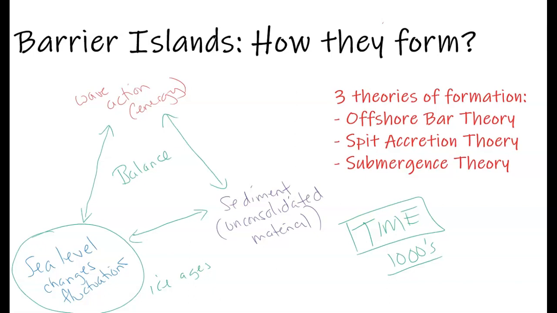But in humans' perception of time, obviously they're kind of slow, and they are dynamic. So they're always changing. Storms and different areas can affect sea level changes. You can have a large effect on these islands and the shape, the elevation, and the amount of material that is deposited or taken away by the ocean as well.